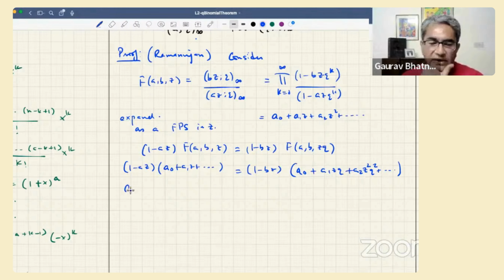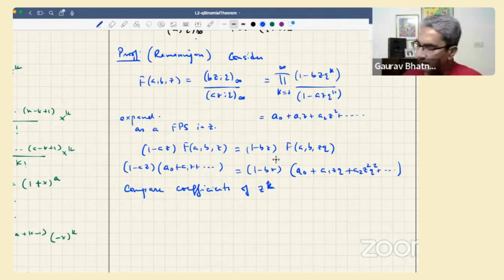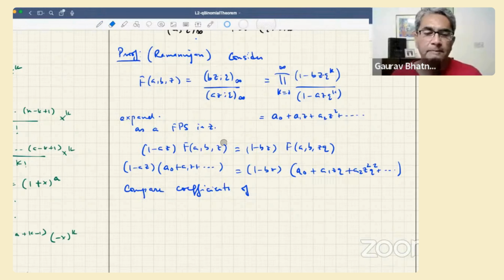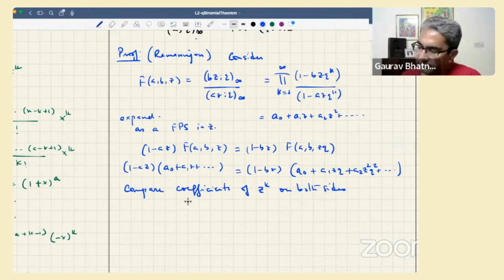And now if you compare coefficients of z raised to k on both sides, then for k bigger than 0, on this side, from the first guy, you will get a_k.